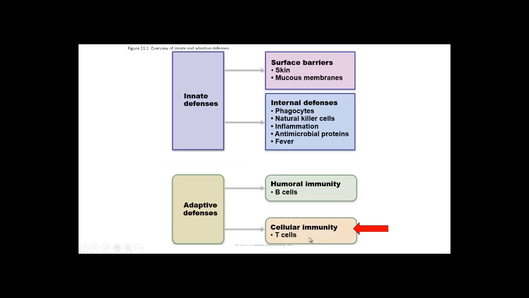So the last branch, the second branch of the adaptive defenses, talks about cellular immunity. And when we're talking about cellular immunity, we're talking about T cells. And T cells cannot see free antigens or antigens that are floating around in the plasma. T cells can only mount an immune response if an antigen is presented by an antigen-presenting cell.